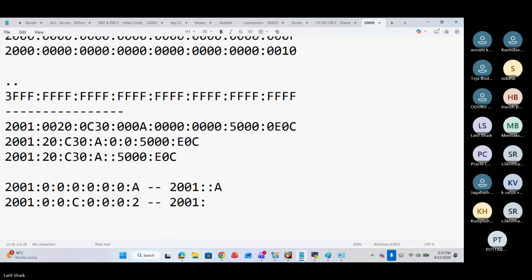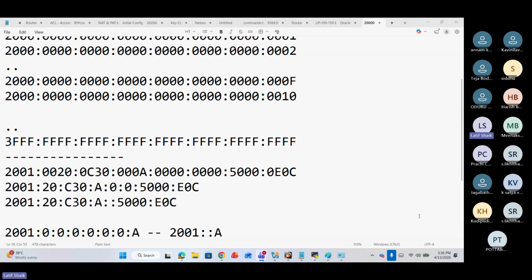You can write 2001 double colon C 0 colon 0 colon 0 colon 2, or you can write 2001 colon 0 colon 0 colon C double colon 2. Either way you can write it.